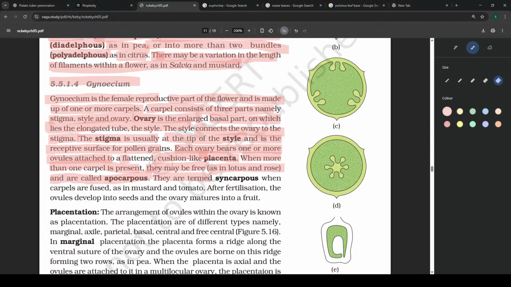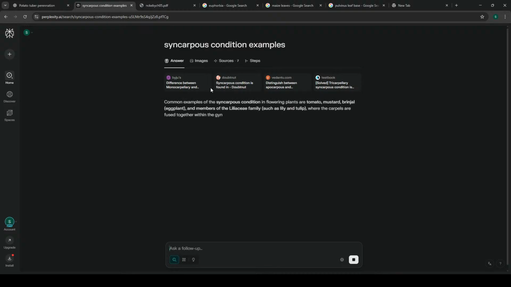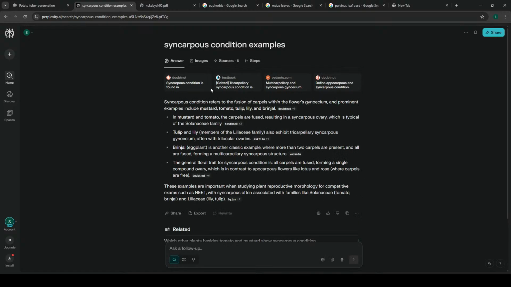And in the next condition, syncarpous, there are many carpels, but they are fused instead. Syncarpous condition we see in mustard, tomato, tulip, lily.